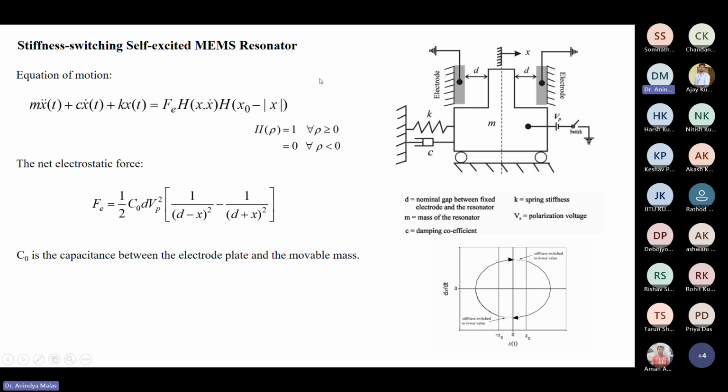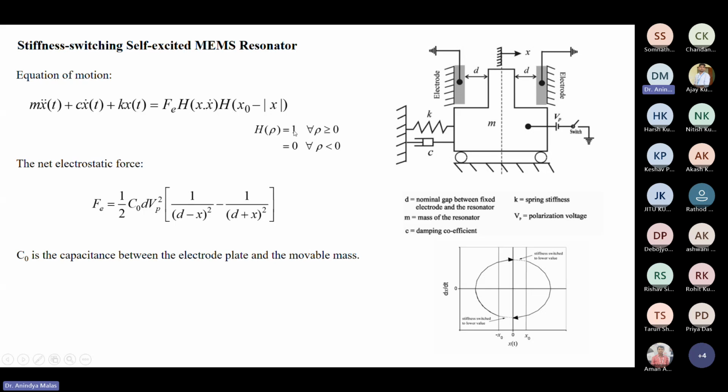Now, we are applying a feedback mechanism, an on-off strategy, by a discontinuous function, which is a Heaviside step function, H of rho, with x and x dot.